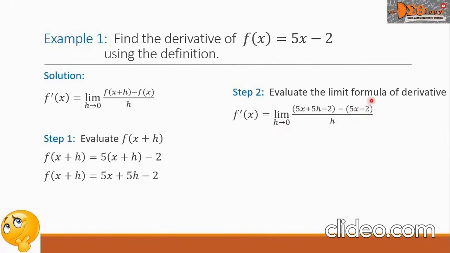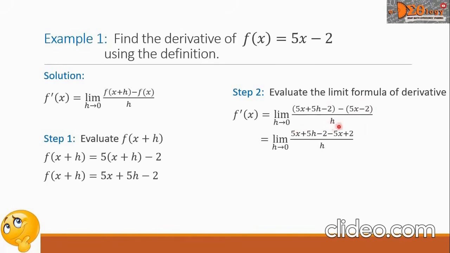Let us simplify by removing the grouping symbol of our numerator. So we have now 5x plus 5h minus 2 minus 5x plus 2. We can see that some terms in our numerator can be combined. Look at this 5x.